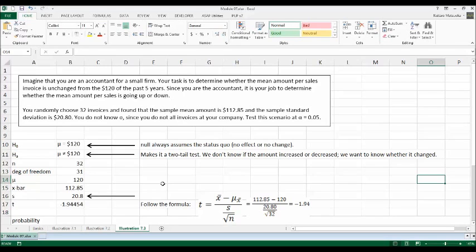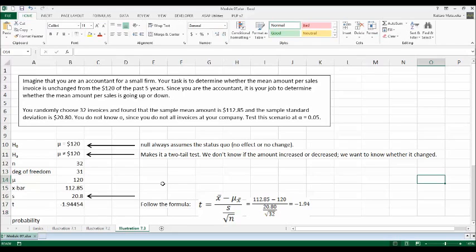Since you're an accountant, it is your job to determine whether the mean amount per sale is going up or down. So let's say you have no idea if it's going up or down, but you just know the mean amount per sales invoice has possibly changed from 120 pounds.